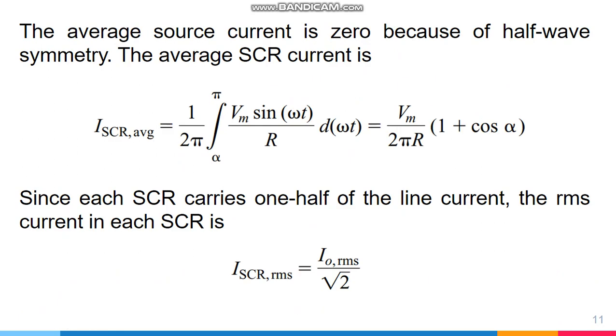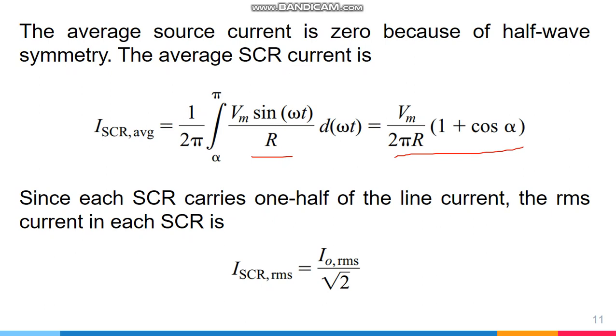The average source current is 0 because of the half wave symmetry. The average SCR current can be calculated as 1 over 2 pi times the integration from alpha to pi of Vm sine of omega t by R. The expression that I get from simplifying this is Vm over 2 pi R times 1 plus cos alpha.